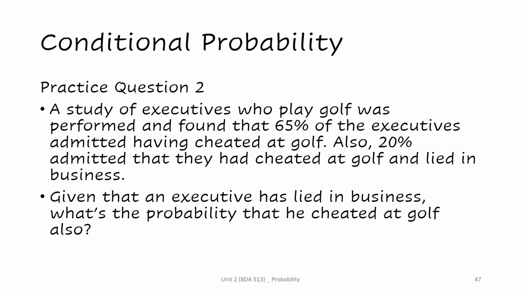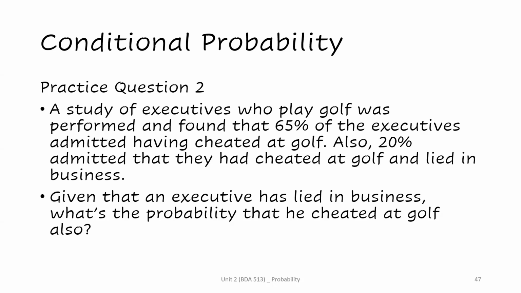So with the probability of A given B, the intersection we already know is 0.2. And then the probability of B, that's the lied that we don't know, we found from the data given, from the Venn diagram, the 55%. Then now the probability of, what's the probability that he cheated at golf?